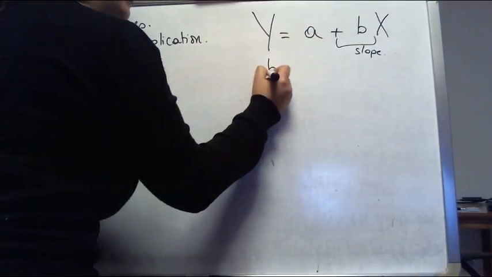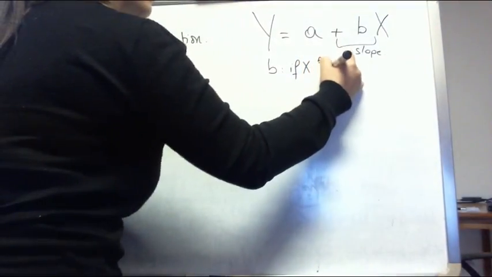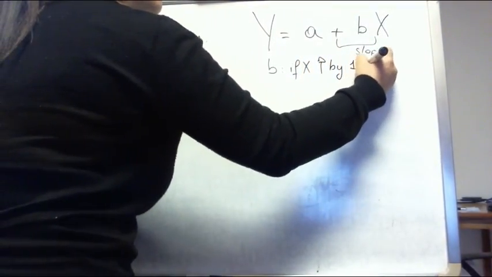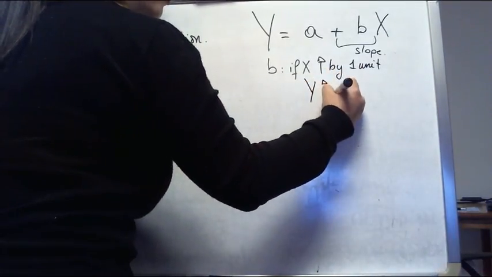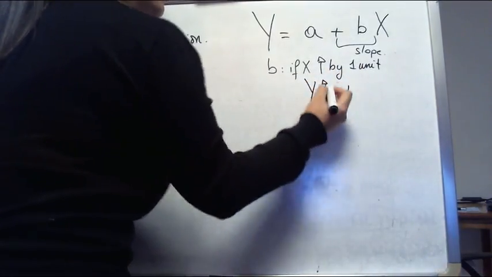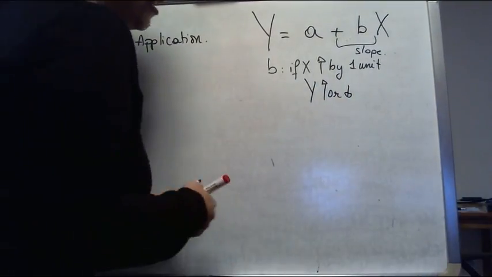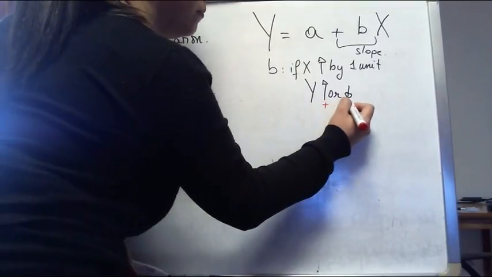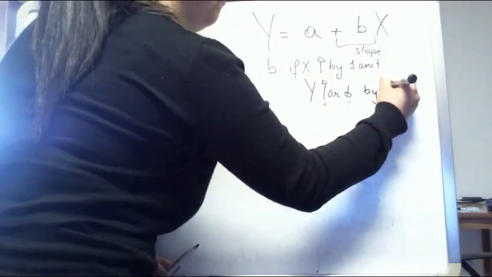The slope means if x increases by 1 unit, y increases if the slope is positive, and decreases if the slope is negative, by b units.